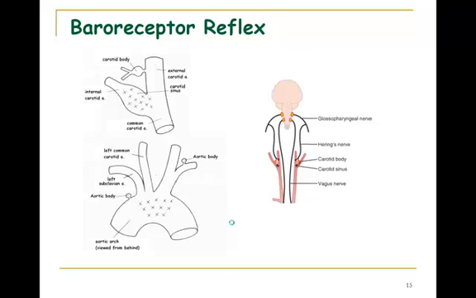They are located in the larger systemic arteries, especially in your neck and in your thorax. Specifically, a good thing to remember is you have them in heavy concentration in your carotid sinus and also your aortic arch. Now, this shows you the carotid sinus.